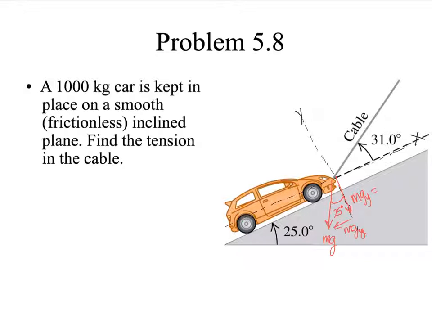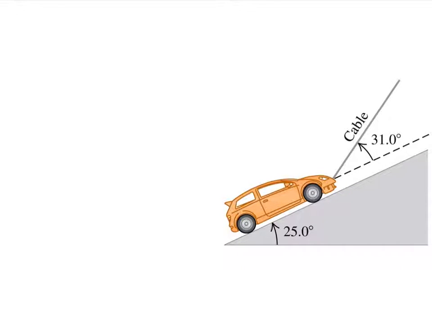Notice, because of the way the angle's defined, that mgy turns out to be mg times the cosine of 25 here, while mgx is mg sine of 25. So it's a good example of why you don't want to assume that a particular direction has a particular sine or cosine with it. All right, so that's just reviewing the inclined plane.